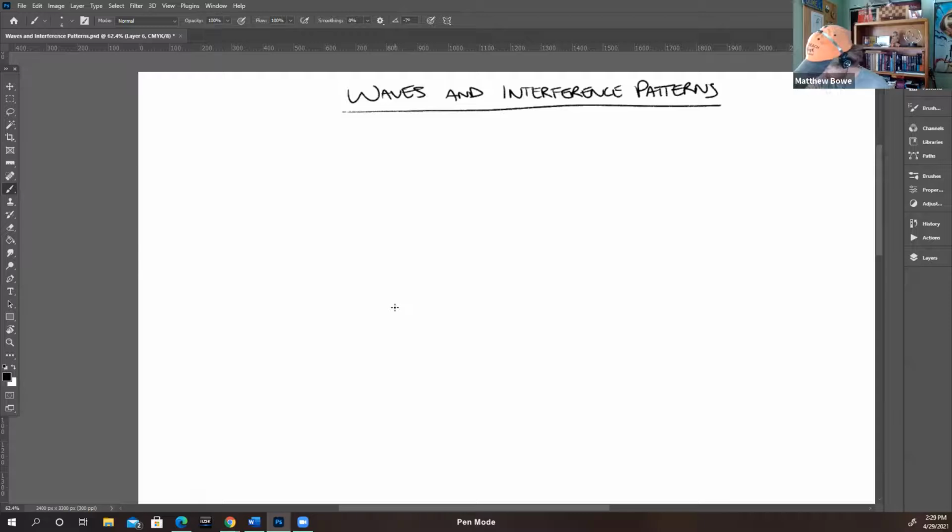In general, waves have this property. I'm just going to write those equations again. So the period of a wave is 1 over the frequency of a wave. The inverse is true. The frequency of a wave is 1 over the period.